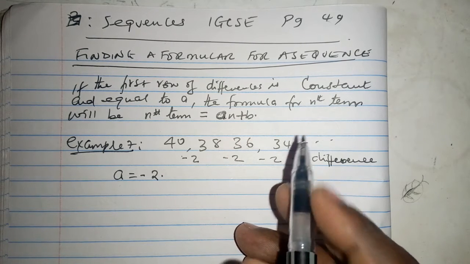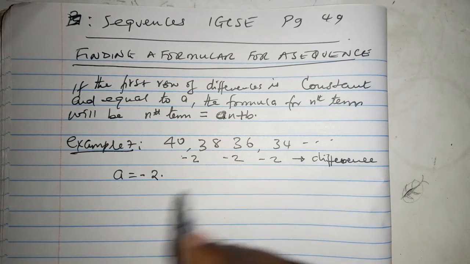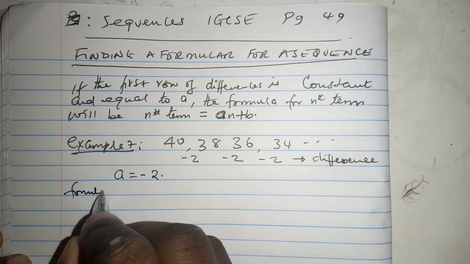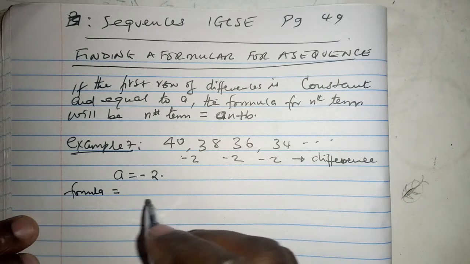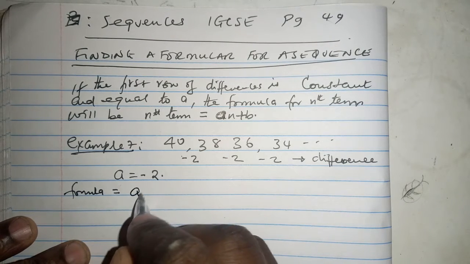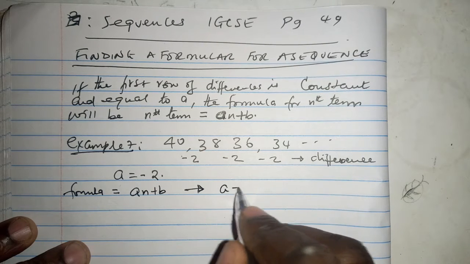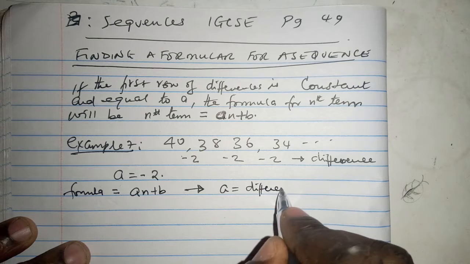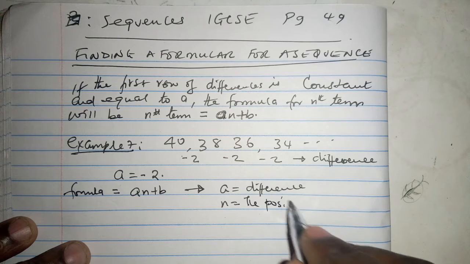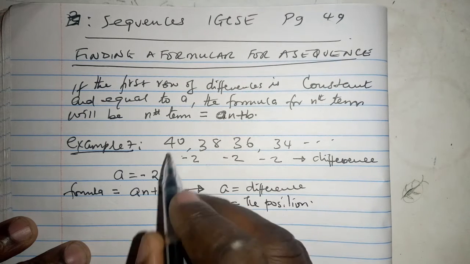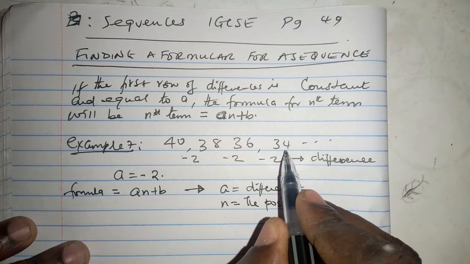The first row of differences is constant and equals -2. So the formula is going to be An + b. A is the difference, and n is the position: this is term 1, term 2, term 3 when n is 3, and term 4 when n is 4.